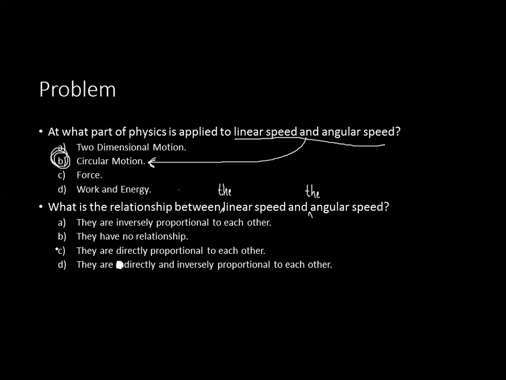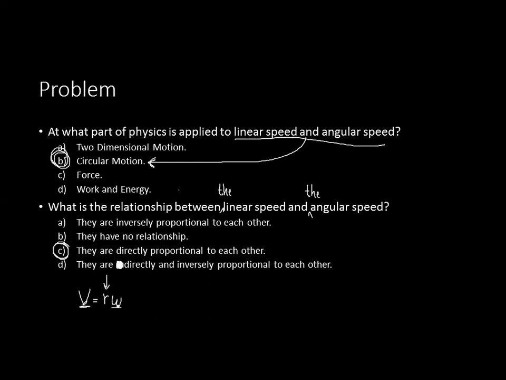The answer is C. Okay, it's C. Why C? Okay, there's one formula about linear speed that involves angular speed, which is this one. V is equal to R times W. In math, when you encounter this type of formula, we have this variable and then this variable, and we let R be our constant of proportionality.